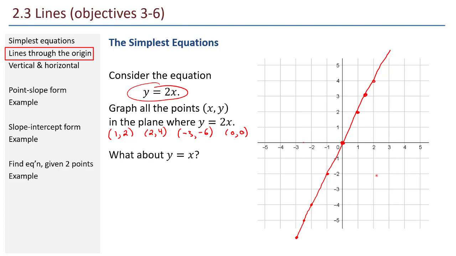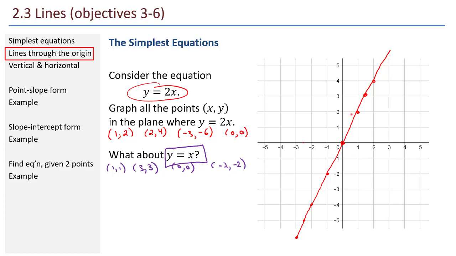What about the equation y equals x? Well, these points have forms like (1, 1), or (3, 3), or again (0, 0) is on there, (-2, -2), all those points where the x value equals the y value.